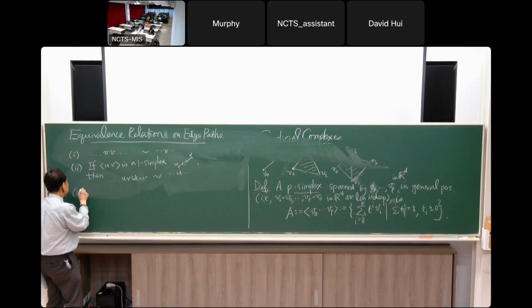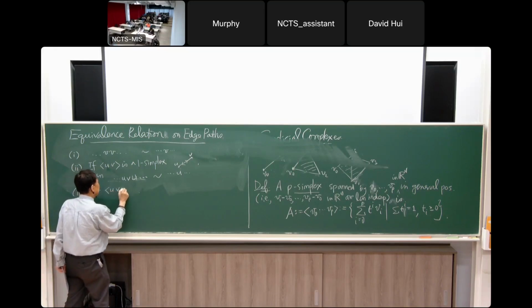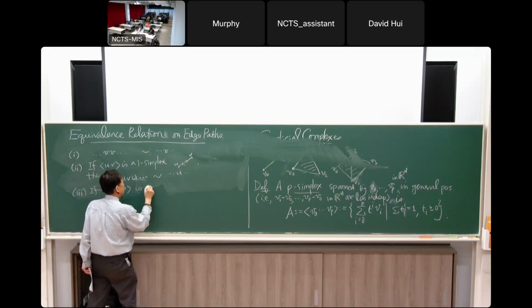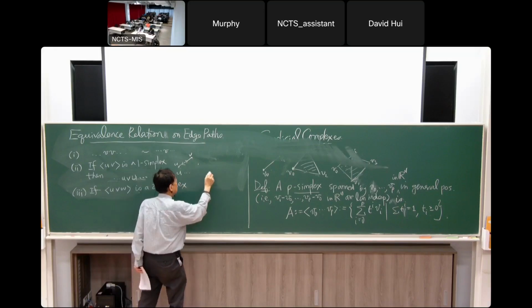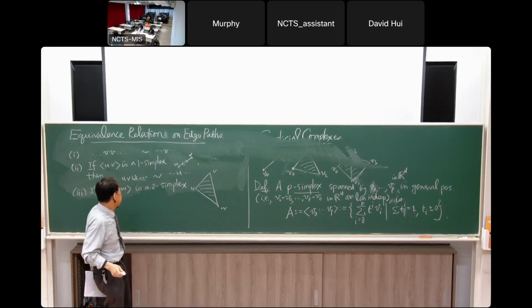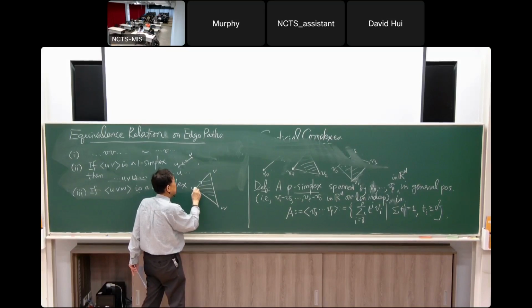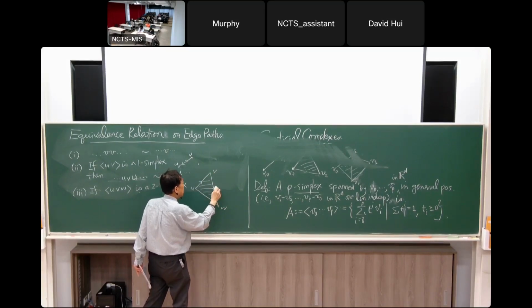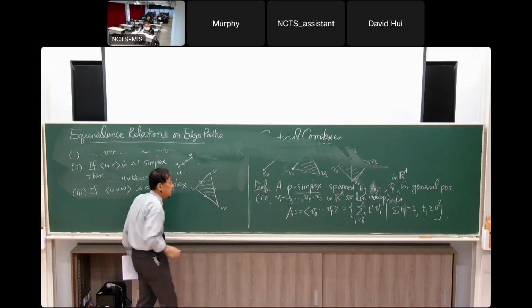And if you have a two simplex, UVW, then when you go from U to V to W, that's the same as going from U to W. Okay?